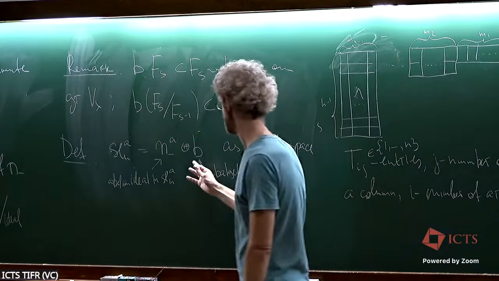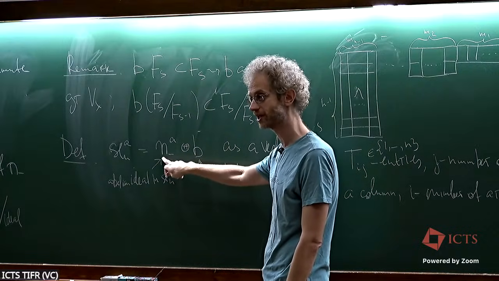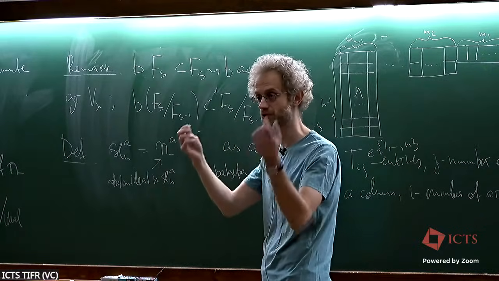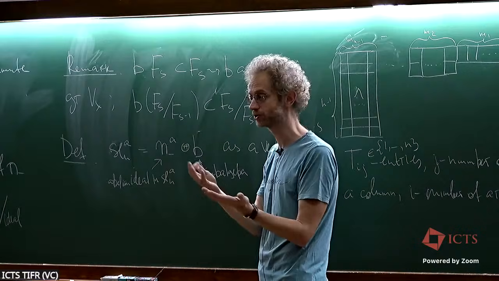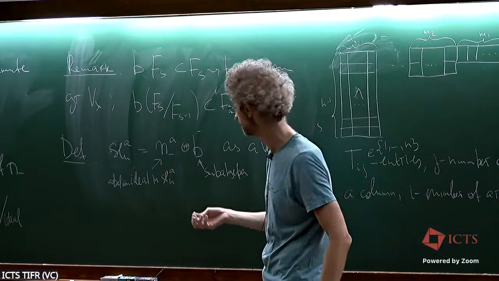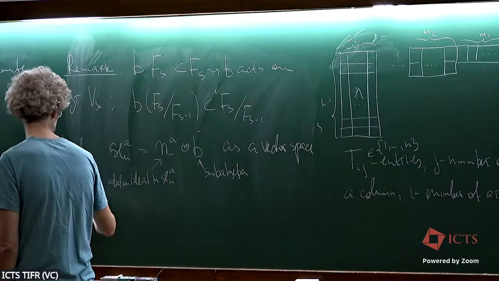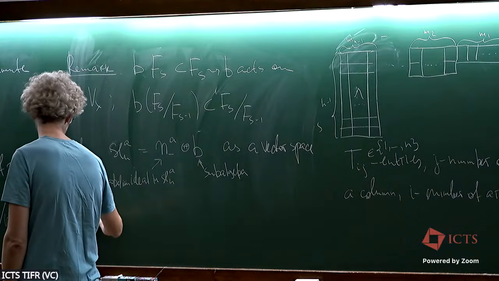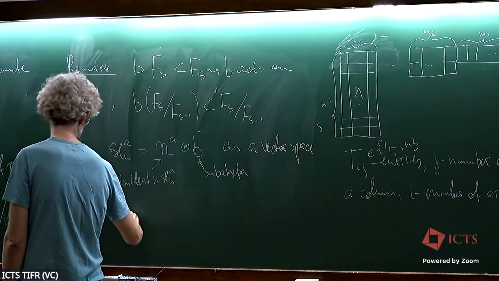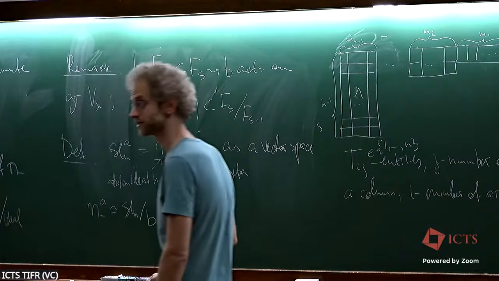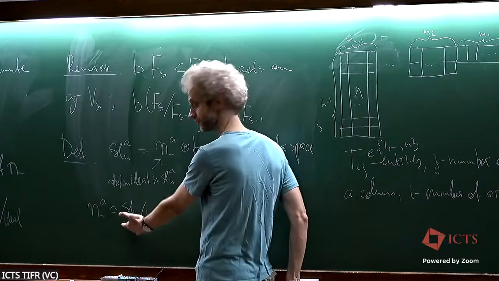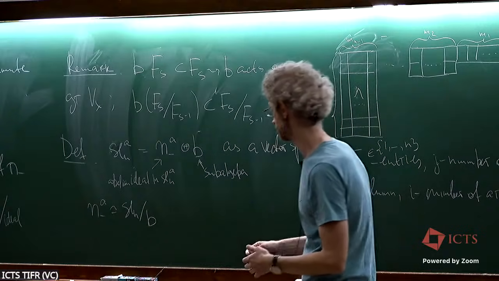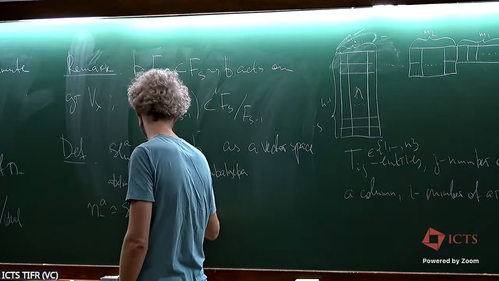This is not true for matrices: if you take a lower triangular matrix and an upper triangular matrix and commute them, you can get upper, lower, diagonal, whatever you want. But here we say that we stay inside, and the structure is that n minus a is isomorphic to SLN mod B as a vector space. So this is a B module, this is a B module, we take the quotient, and this gives the B module structure on n minus.